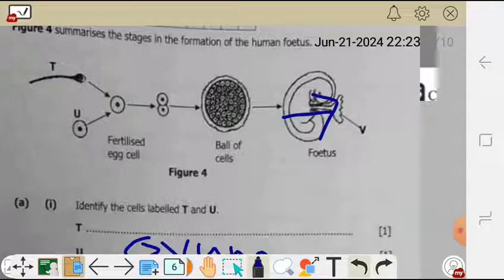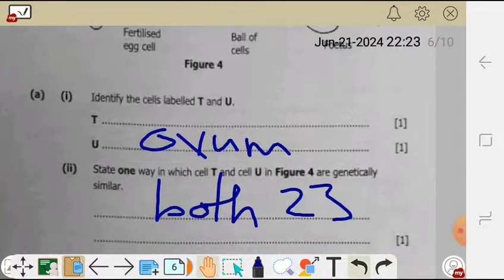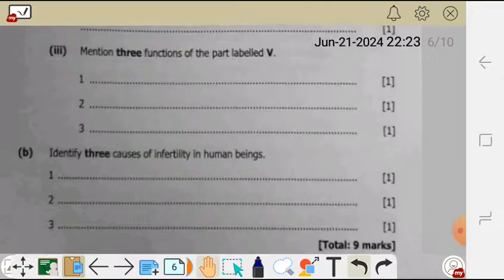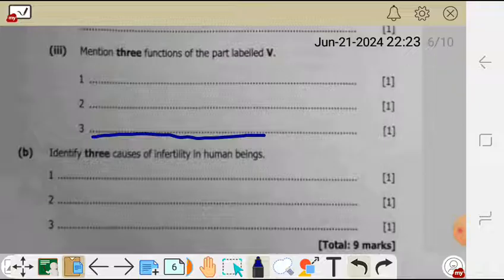Waste products move from the fetus to the placenta, and then into the bloodstream of the mother, then they are excreted. So it is involved in excretion, gaseous exchange, nutrient supply, and immunity. So we have gaseous exchange such as oxygen and carbon dioxide, supply of nutrients, and waste product removal. Okay, then we come to question 4b.